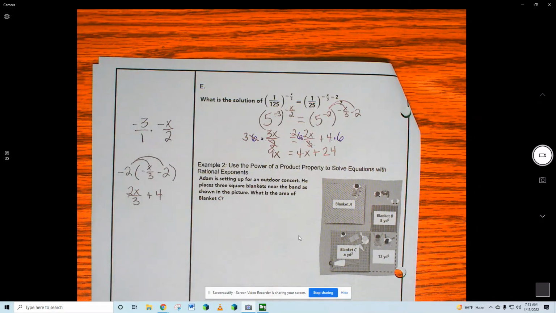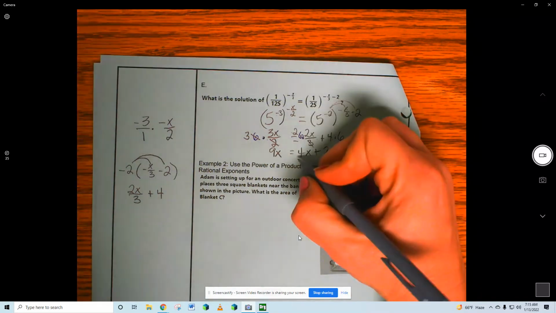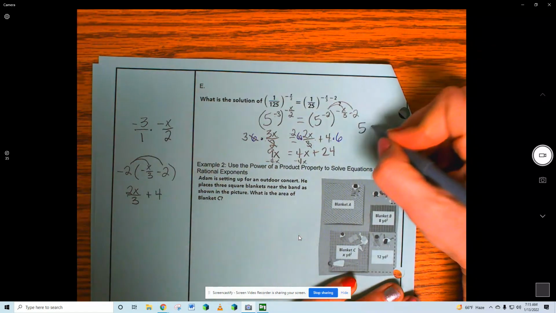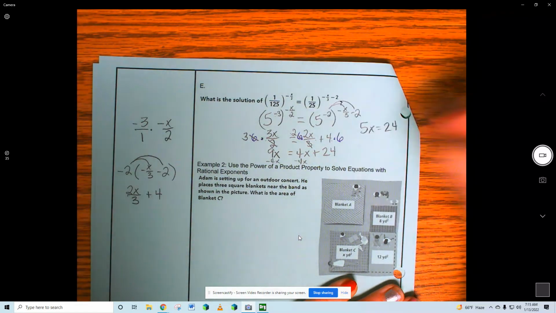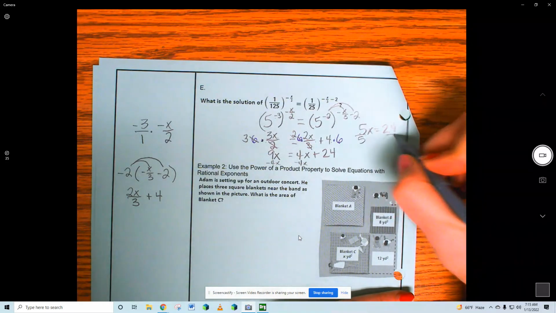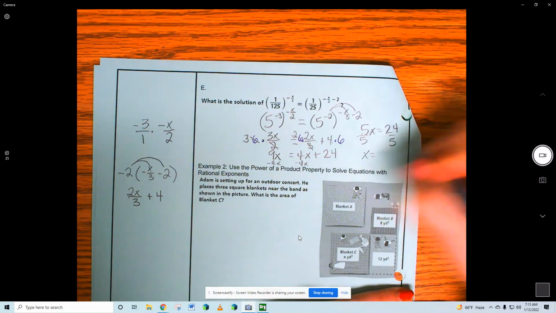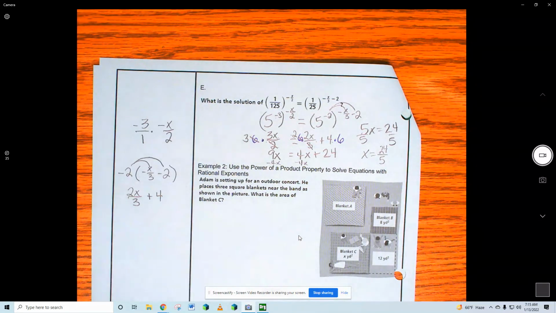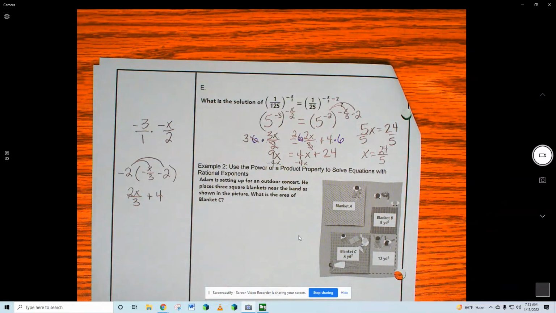So, subtract 4x. 5x equals 24, and we have a fraction answer, which is totally fine. 24 over 5. That was a hard problem, huh? There was a lot involved in that one.